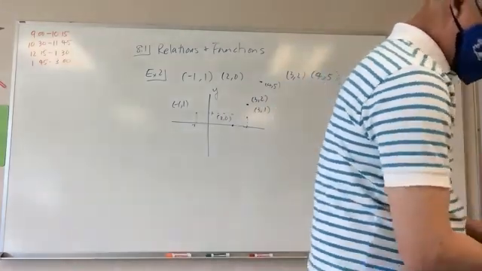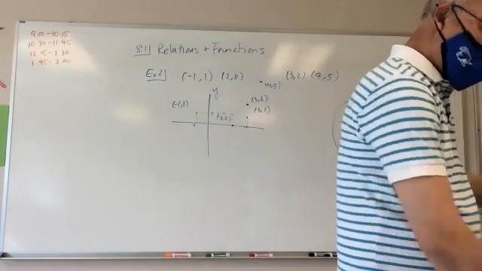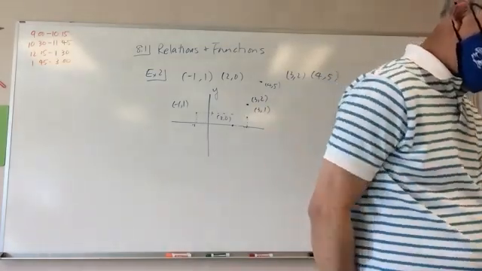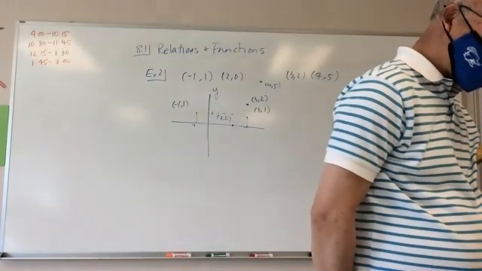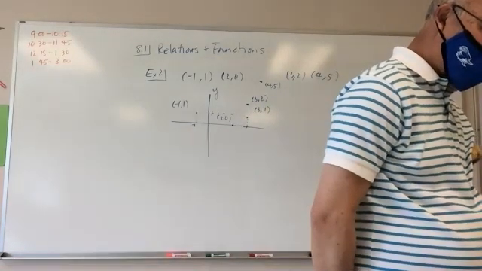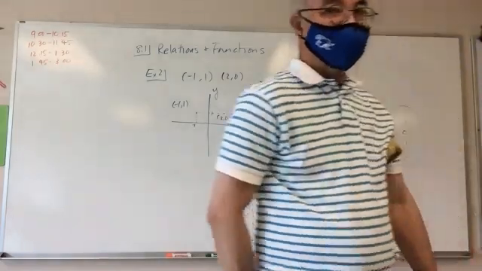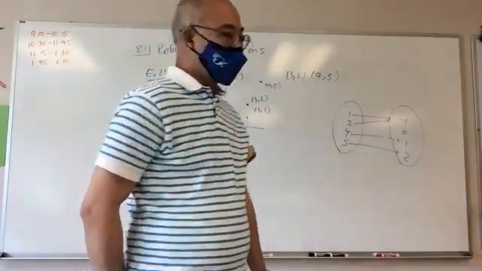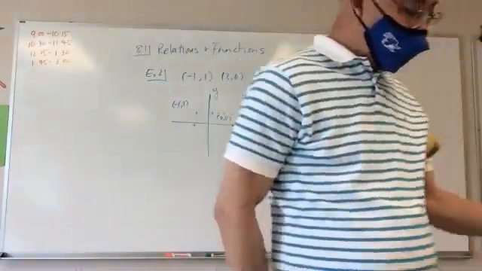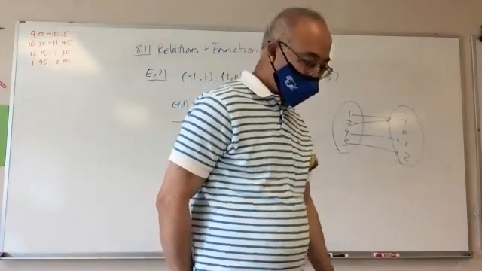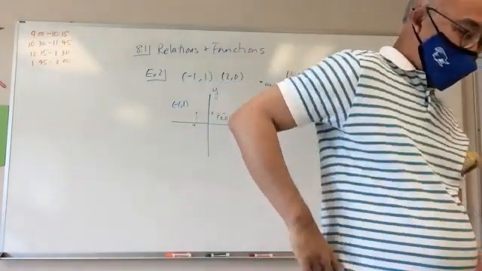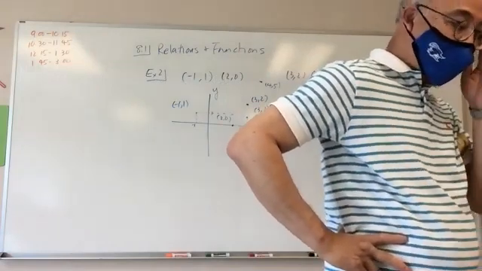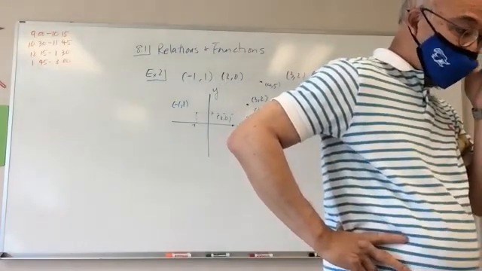Okay, so let's go to A. The relation at the top of page 401 consisting of the ordered pairs. Okay, so is this a relation or a function? Grace, can you tell me whether this is a relation or a function? Example 3A. You're looking for each input and making sure it only has one output. Is that true?